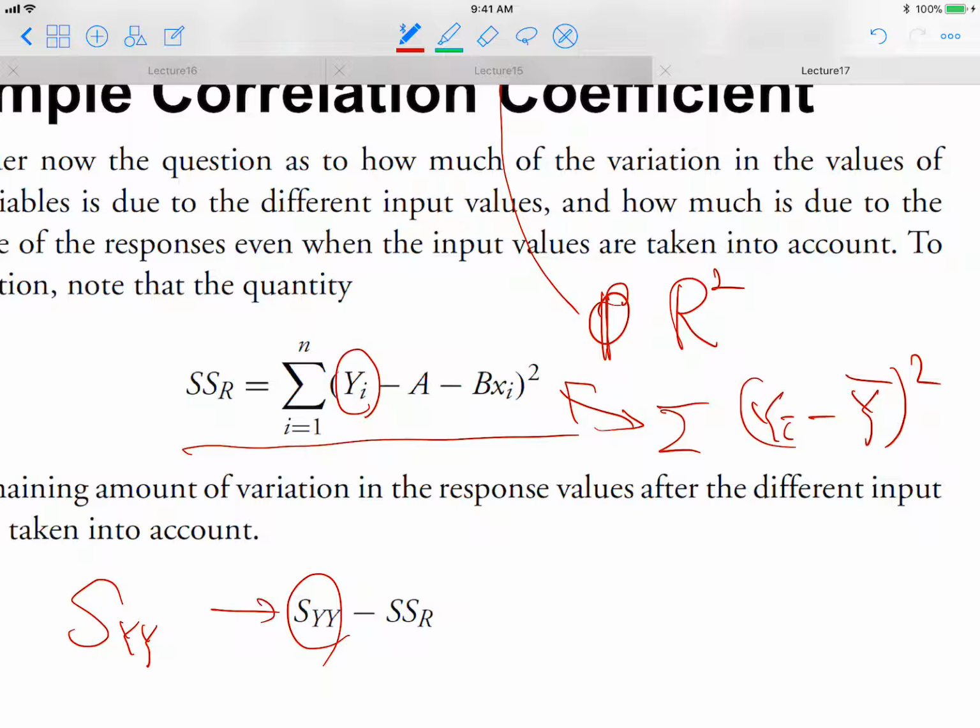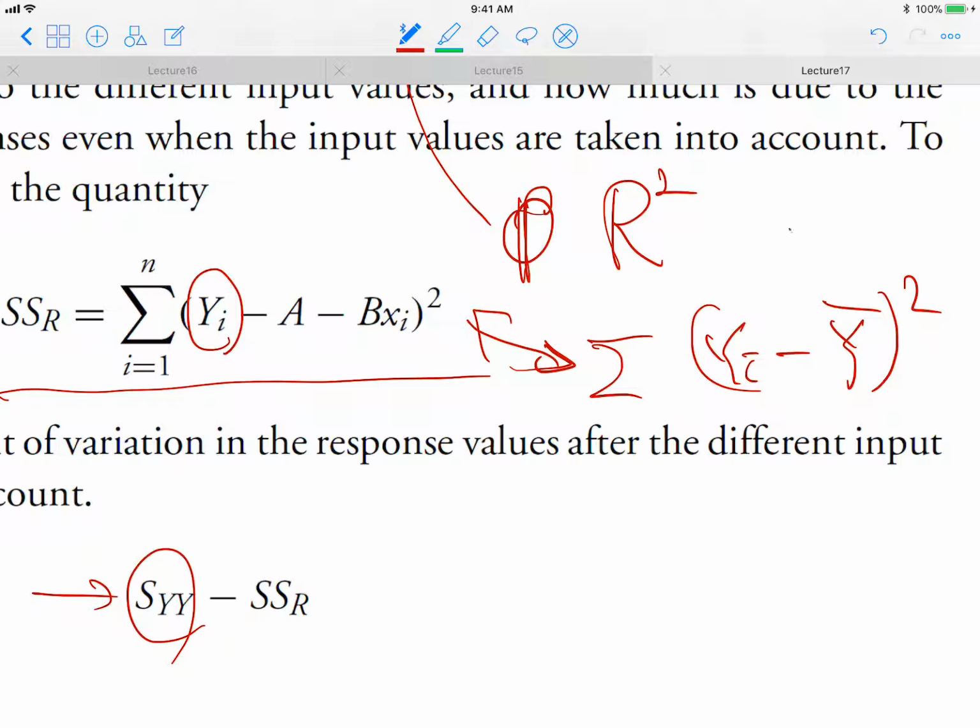So which one do you think is bigger between these two? The left one or the right one? The answer is this left one is bigger.